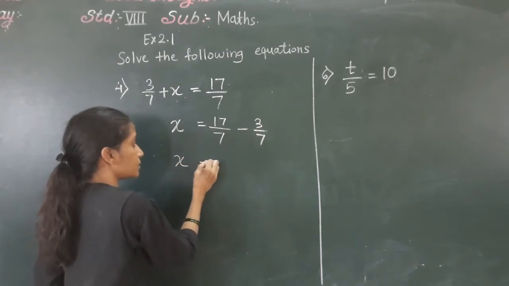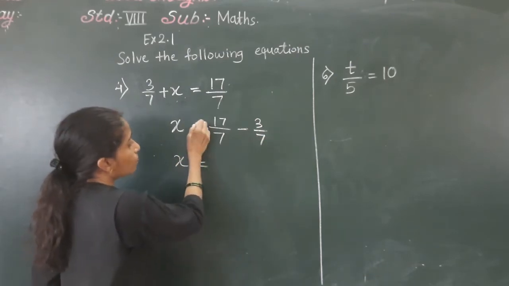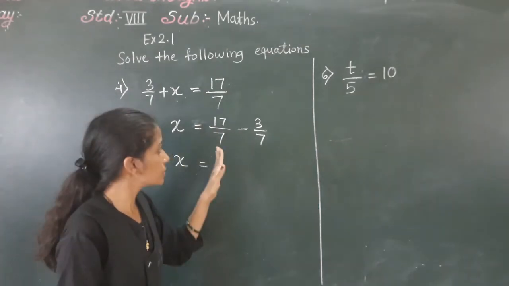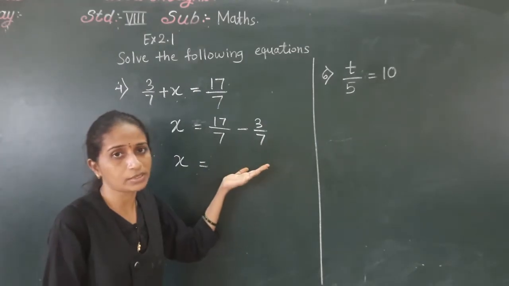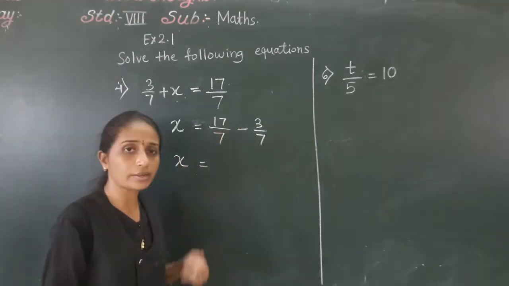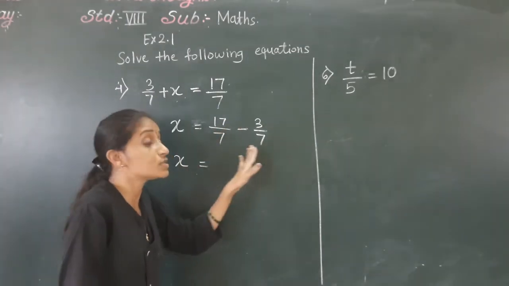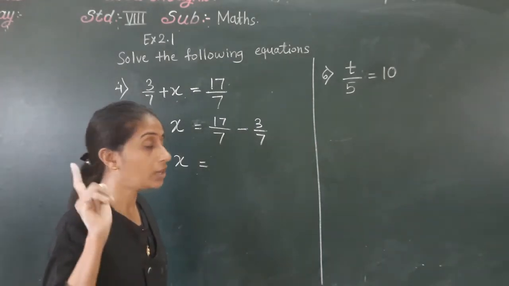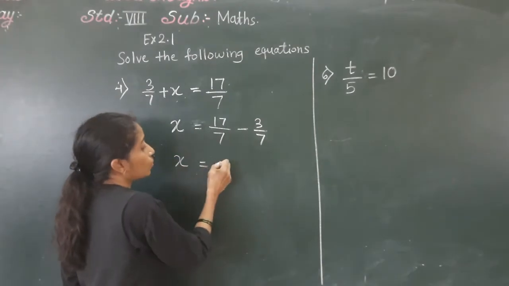Now x is equal to. Now if you observe here, denominators are same. See, 7, 7. If denominators are same, we can subtract the numerators directly. If it is not same, then you have to make it same by the LCM method. Okay. So now it is same.